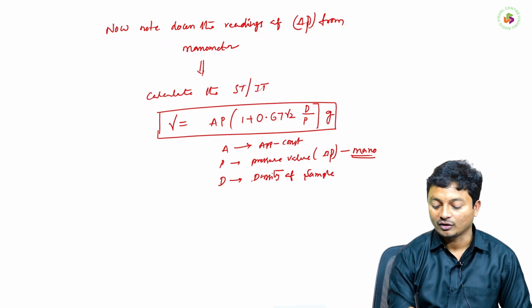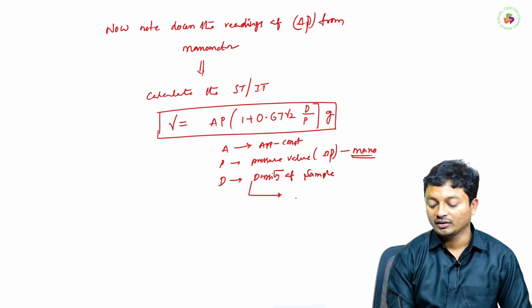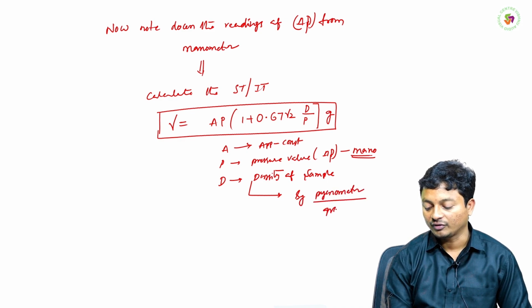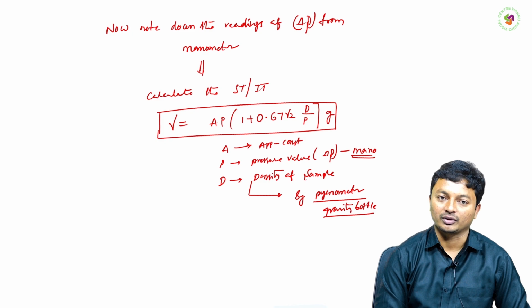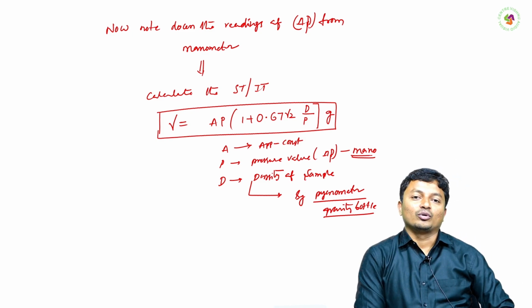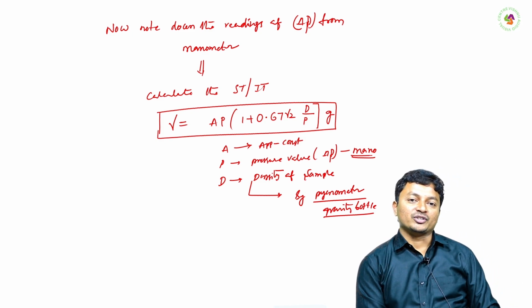Already we discussed how we can measure the density with the help of a pycnometer or a gravity bottle. We can determine the density of any liquid sample. This is in detail about the maximum bubble pressure method.